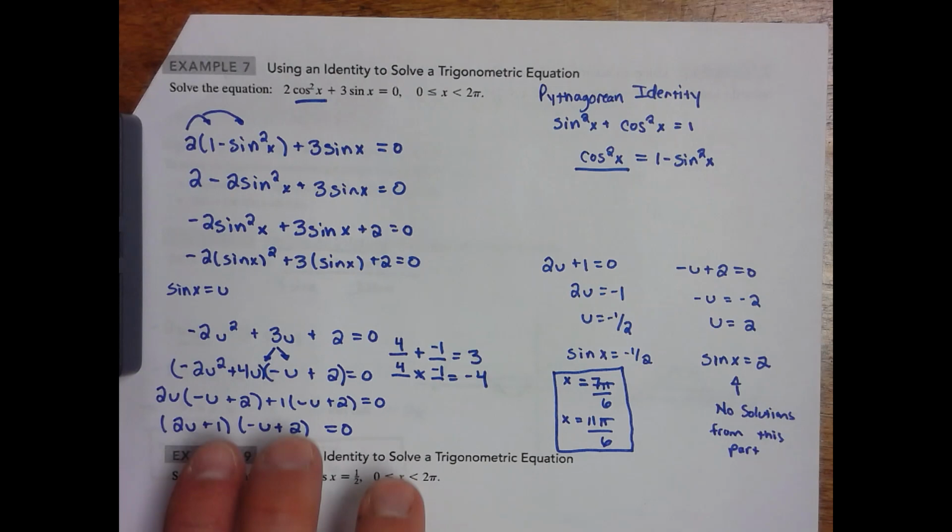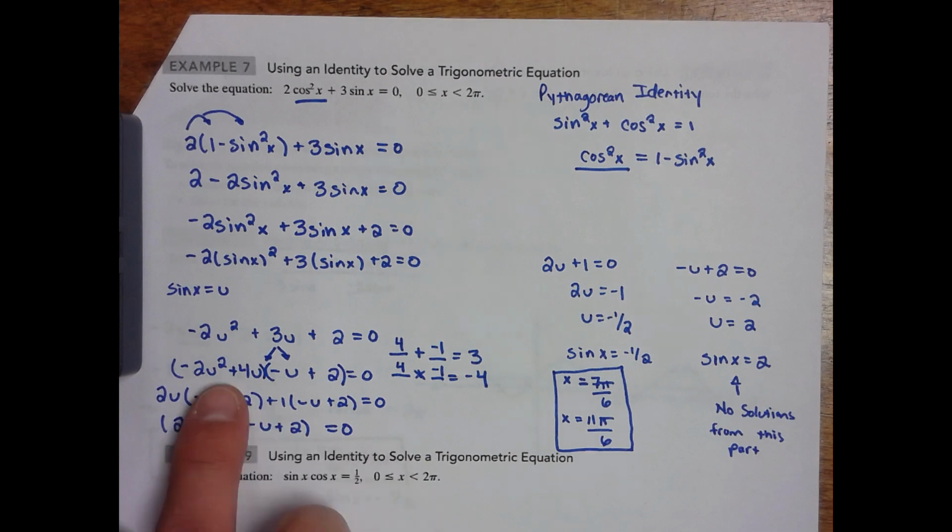When I leave that as negative 2u squared and I get my 4 terms here, in the first grouping, you can take out positive 2u or negative 2u. It does not matter. I took out positive 2u. Outside the parentheses, so negative u plus 2, which matches that second grouping already.